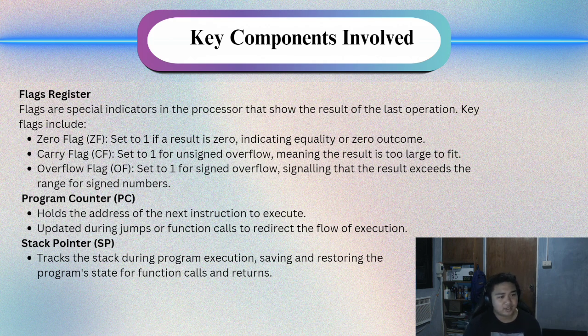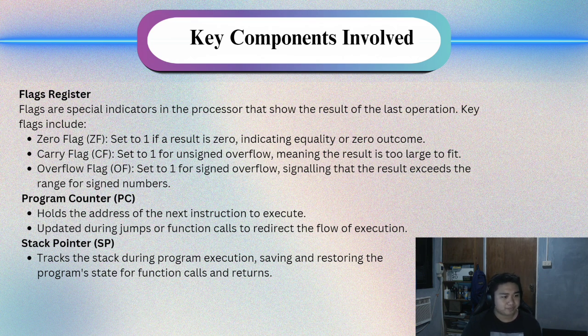The carry flag is set to 1 for unsigned overflow, meaning the result is too large to fit. The overflow flag is set to 1 for signed overflow, signaling that the result exceeds the range for signed numbers.